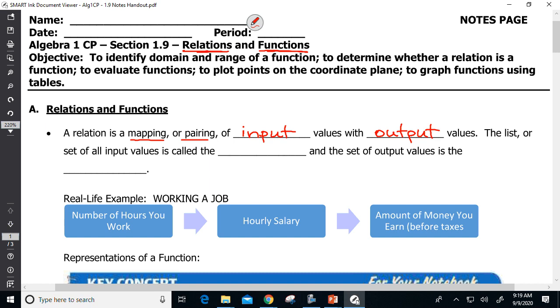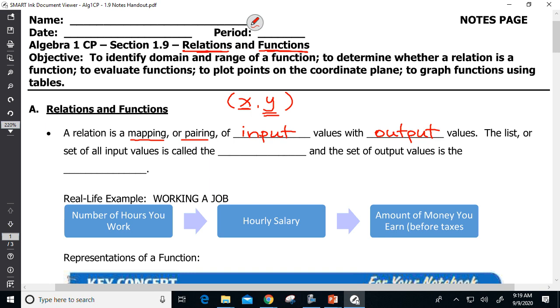When we were plotting points, x comma y, you're plugging in something for x to get back something for y. So the x and the y have special names.